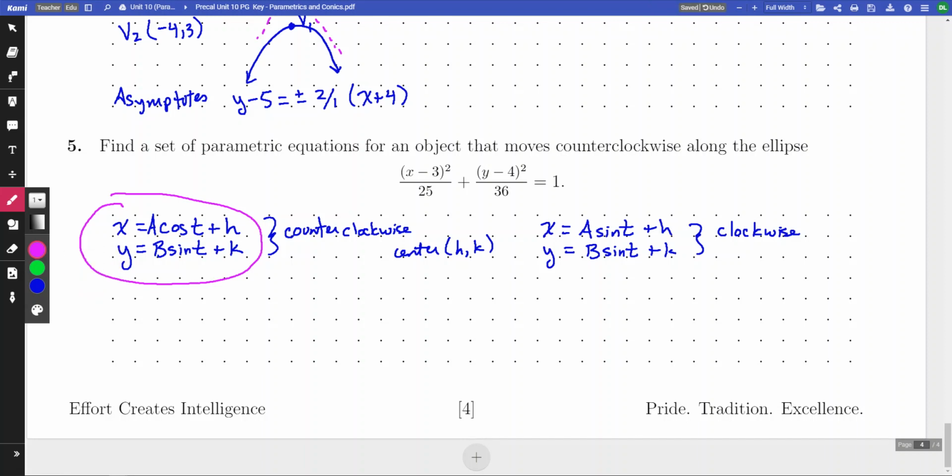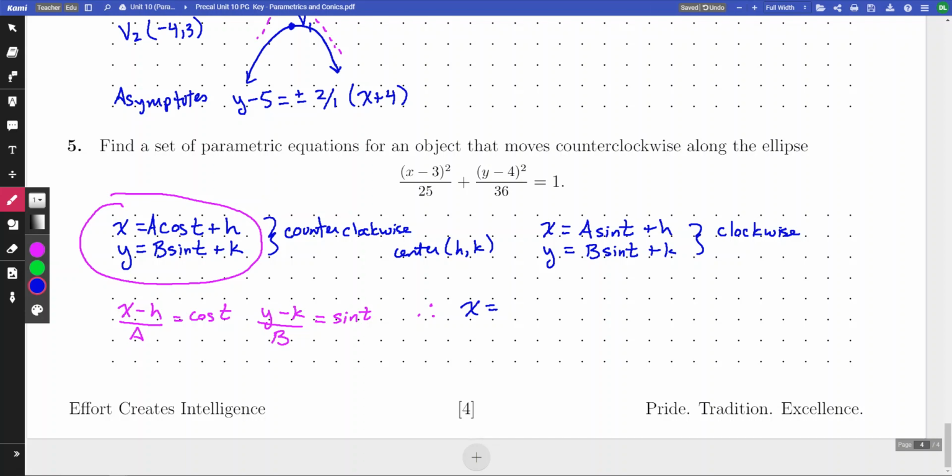And if I consider that form, that's x minus h all over a is equal to the cosine of t, and y minus k all over b is equal to the sine of t.